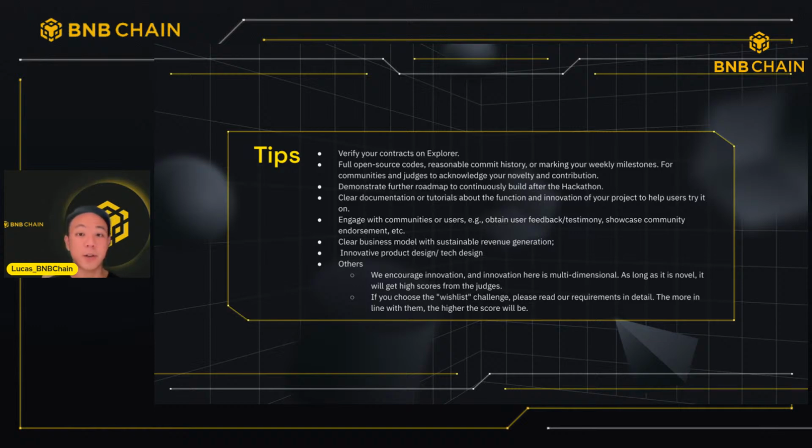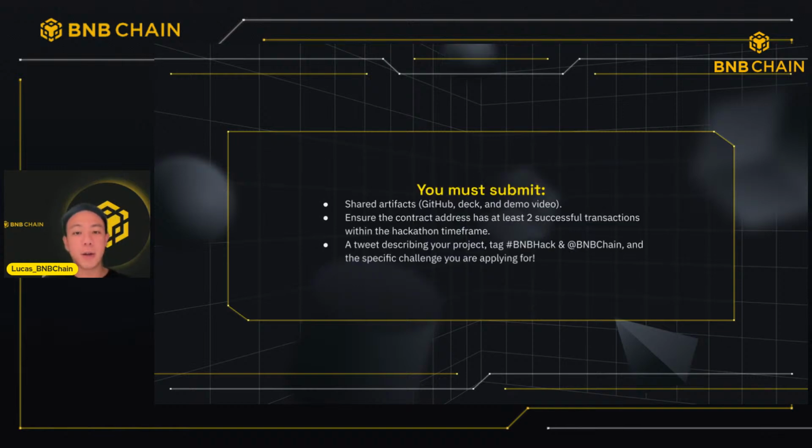If possible, engage with communities or users to gain feedback on how you can improve your products. Have a clear business model, as mentioned before, and sustainable revenue generation, so that this can be a sustainable solution that will serve the community. And as mentioned before, it has to be innovative. If you choose a wishlist challenge, please read the requirements in detail, which are published on our GitHub.